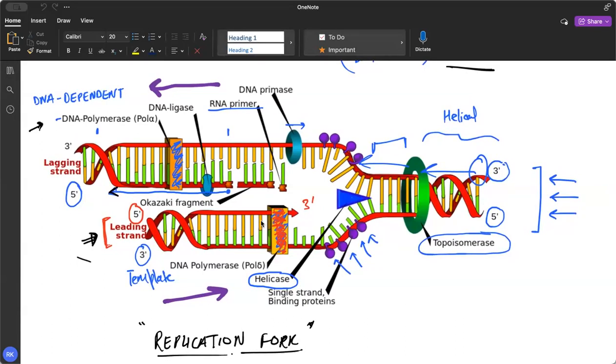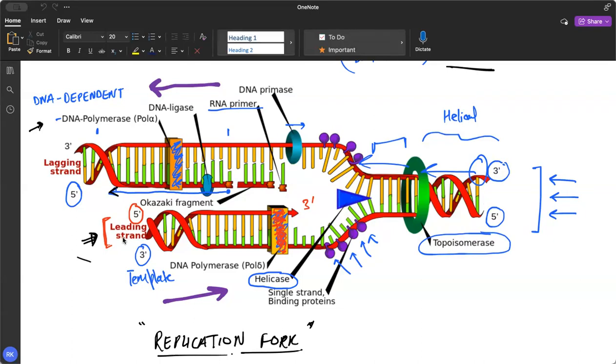So this is a picture, a diagrammatic, cartoon view of the replication fork, and you can see two words, lagging strand and leading strand. What does this mean? A leading strand is synthesized by adding nucleotides to the 3' end.